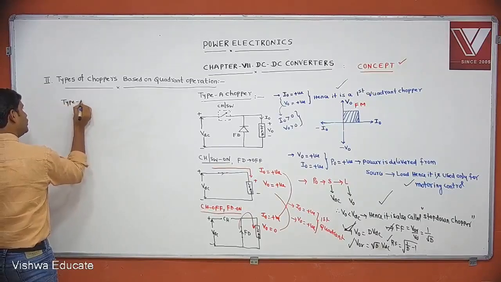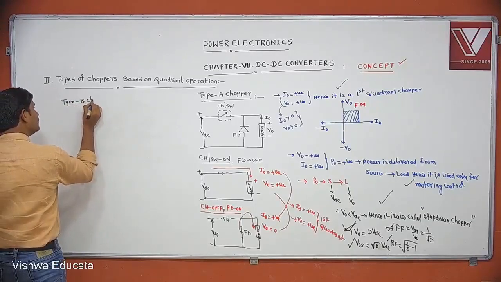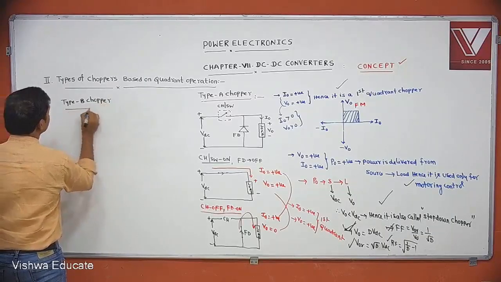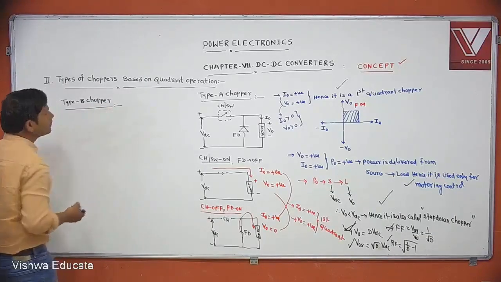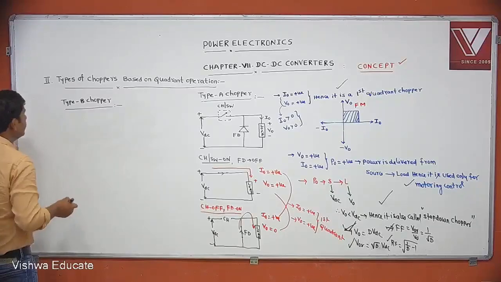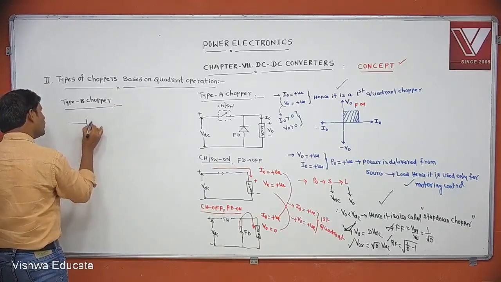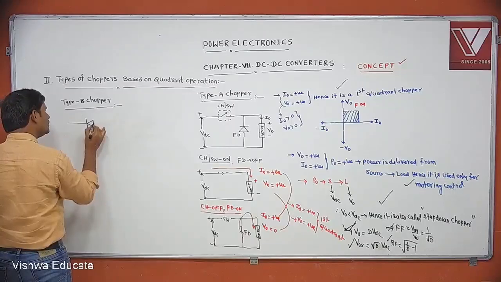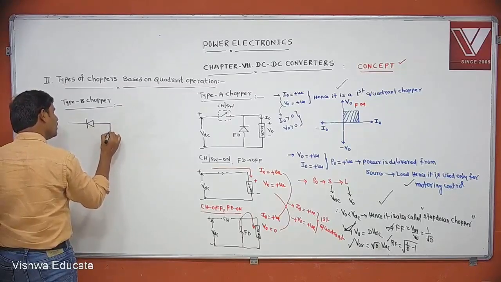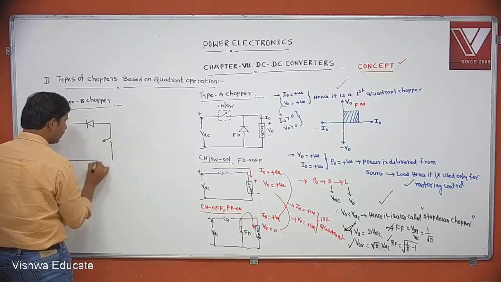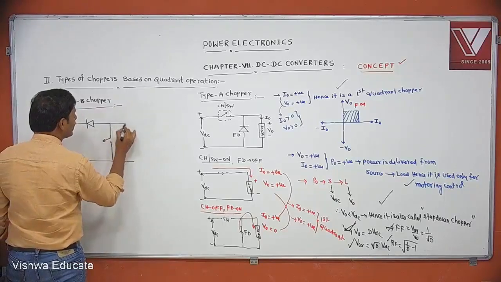Type B chopper. How to analyze the type B chopper circuit? First, draw the type B chopper circuit. At the input side, it consists of one diode. This is the chopper or switch arrangement. Here you take an RLE load.